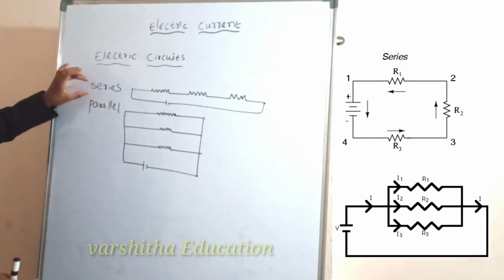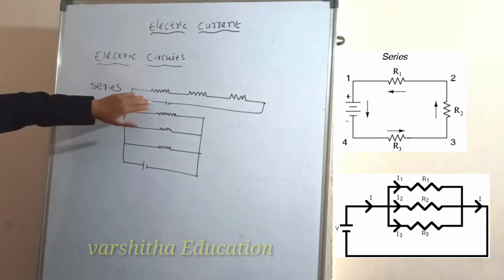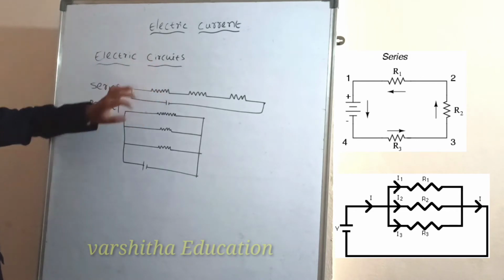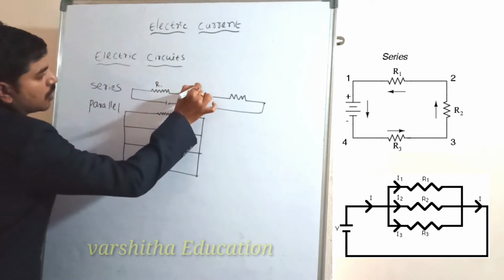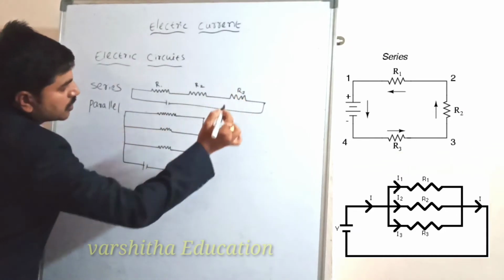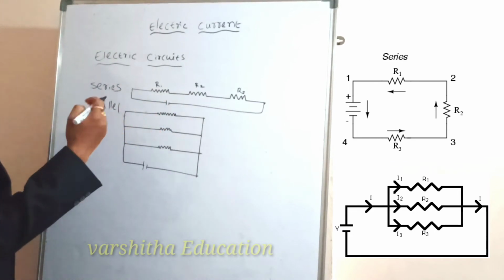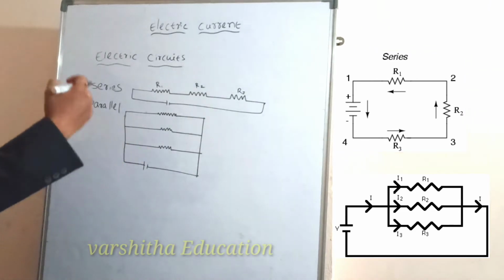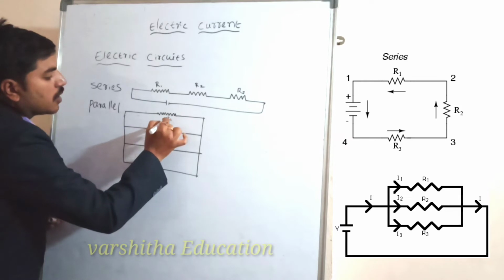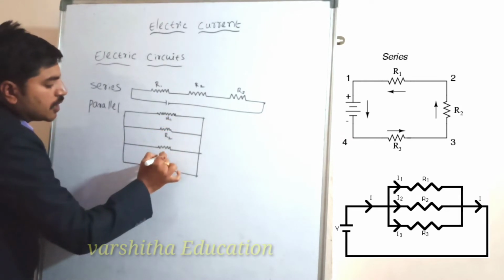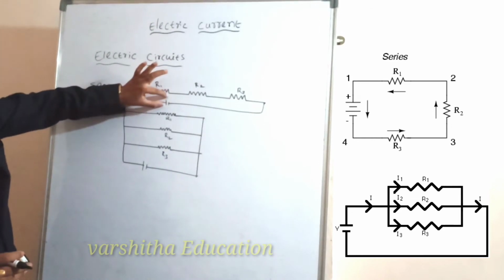So what is the use of the series connection and what is the use of the parallel connection? For example, there are three resistances, R1, R2, R3, with end-to-end connections, meaning one depends on another. These are connected to a battery.